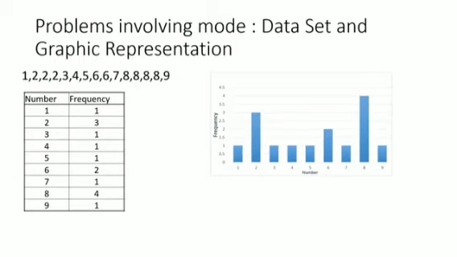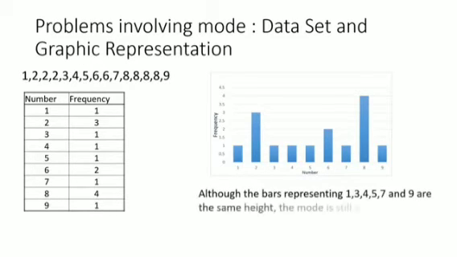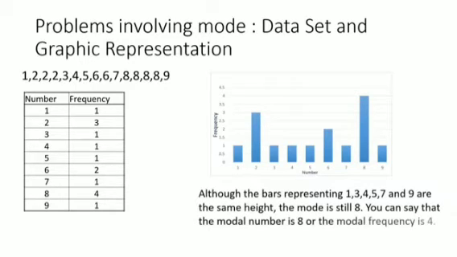From this data set, you will also observe that 1, 3, 4, 5, 7, and 9 are all of the same height. But that does not say that they are the mode. You can say that the modal number is 8 or the modal frequency is 4.